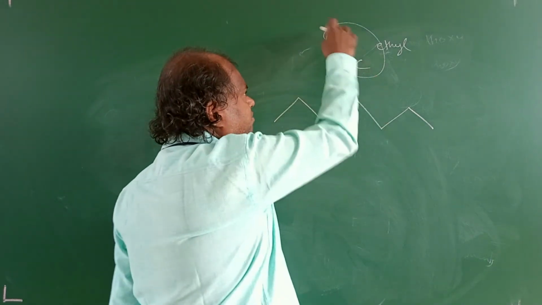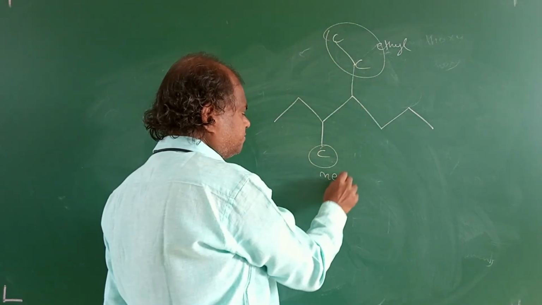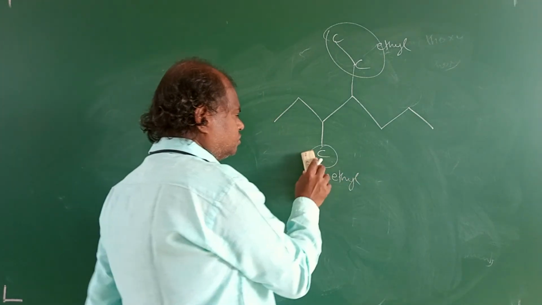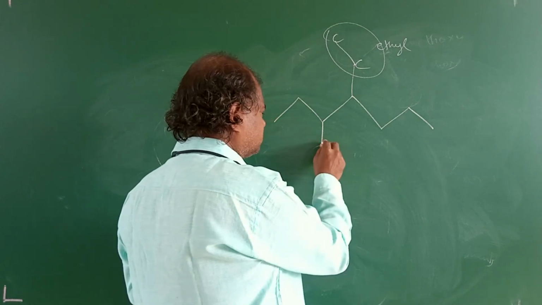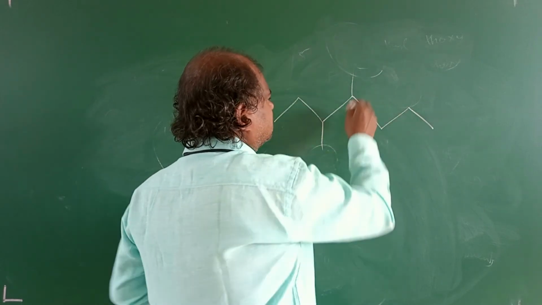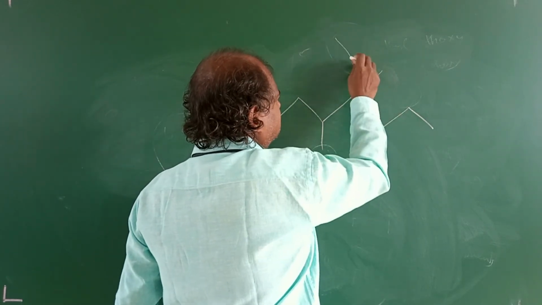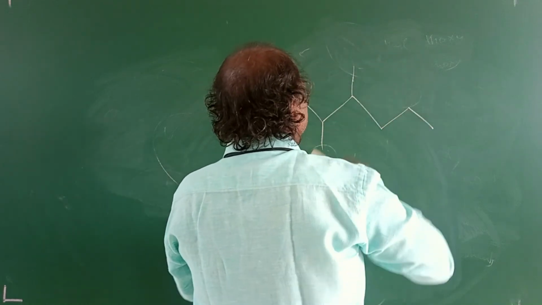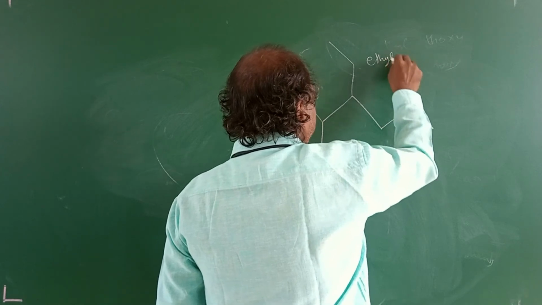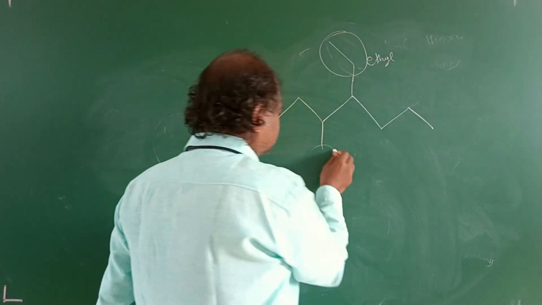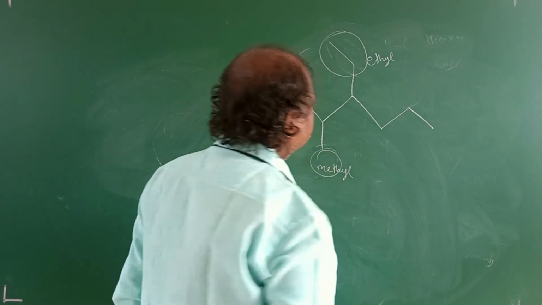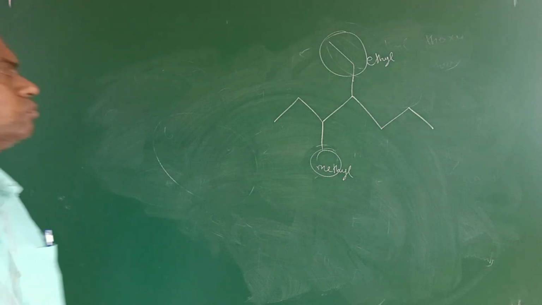I've drawn a shorter way. 2 carbons, ethyl. What is this called? Methyl. So they'll draw it the short way. I hope you understood. This is methyl, and then what is that? Methyl, right? Methyl and ethyl, right? Okay.